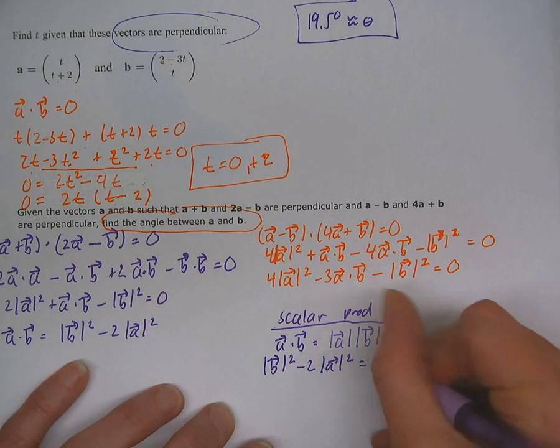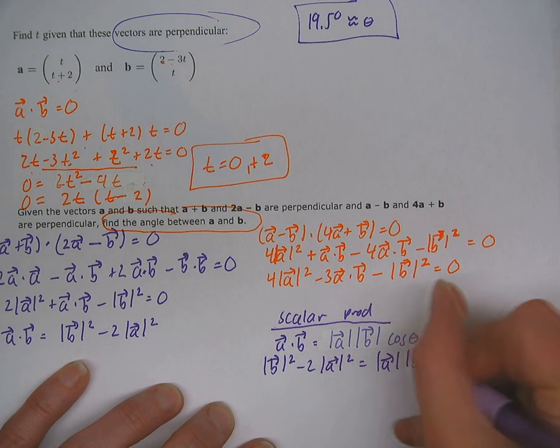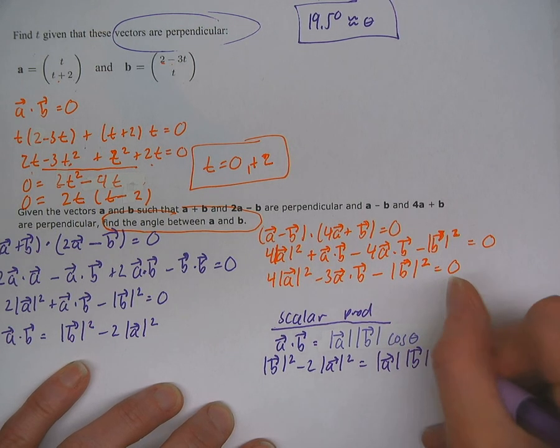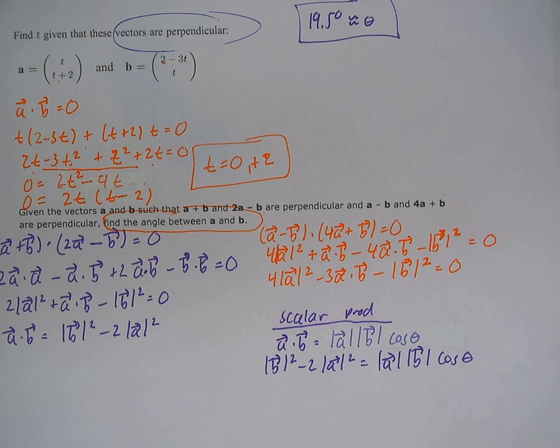The problem is, though, I've still got too many variables. I need to solve for cosine theta, but I have still vector A and vector B going on in there. So I need to think of some other way to relate some of these things together.